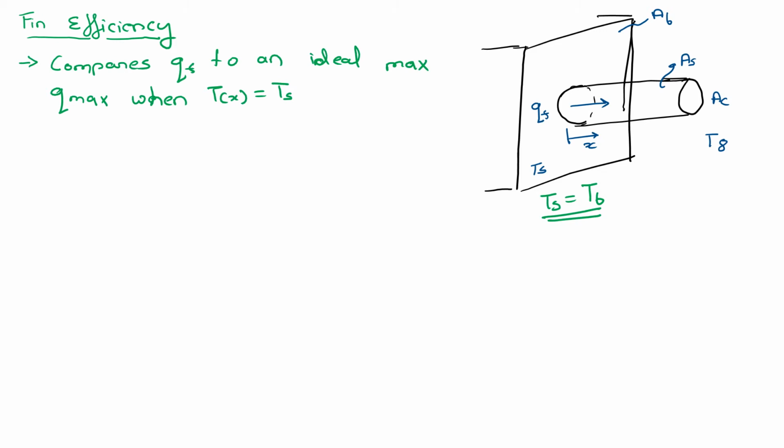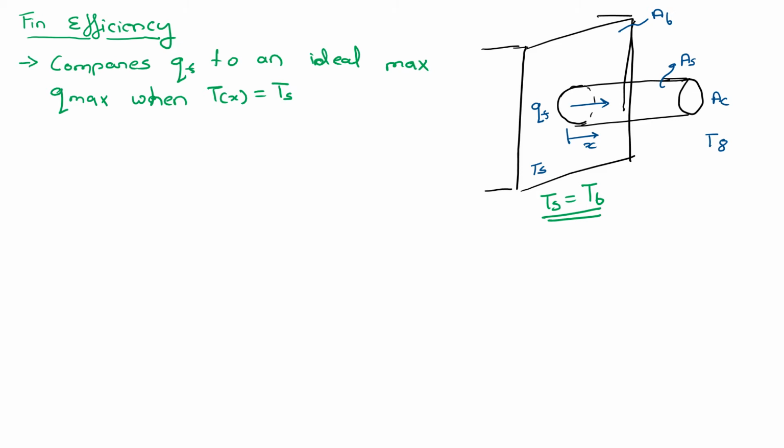So what this means is that if the entire fin is at the base temperature, that means the entire fin has maxed out, it can't get hotter than that. That will be the ideal case, which obviously won't be possible in a realistic world.